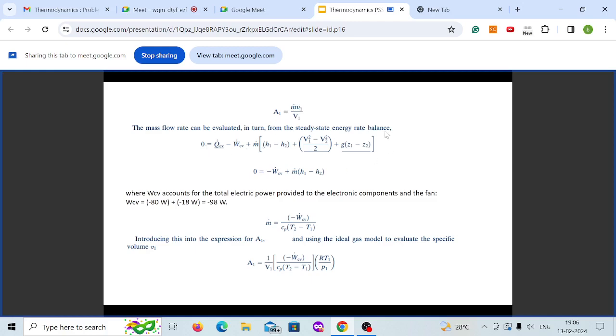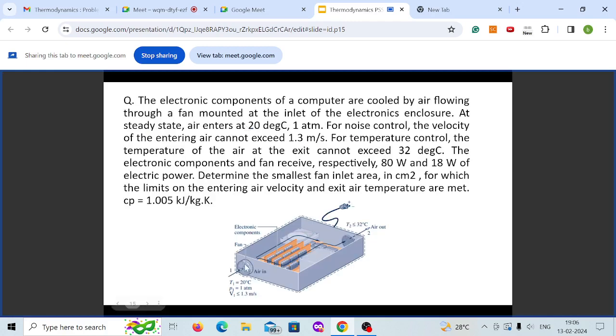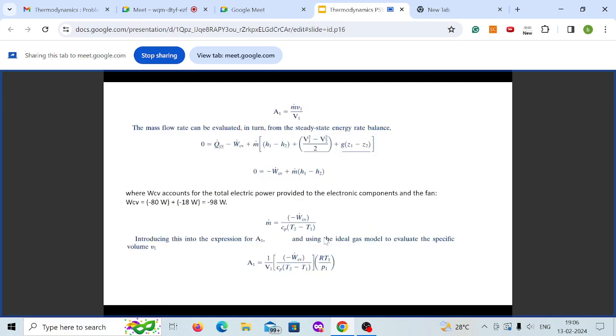So we apply the steady flow energy equation. There is a steady flow of air going in, and no air getting accumulated inside the enclosure. So it's a steady state process. So we know Q dot C.V., there is no heat interaction.